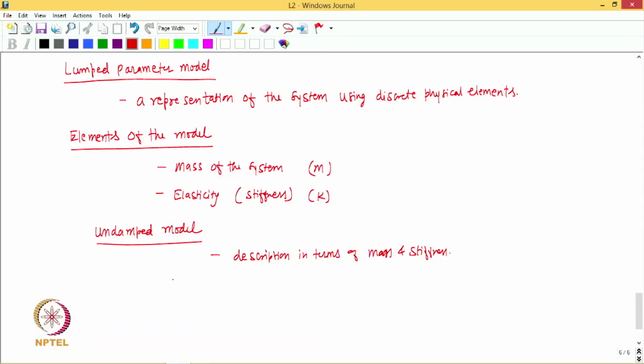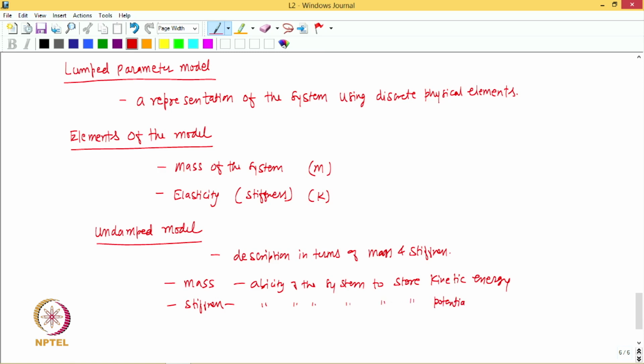In fact, the mass represents the ability of the system to store kinetic energy. Stiffness represents the ability of the system to store potential or strain energy.